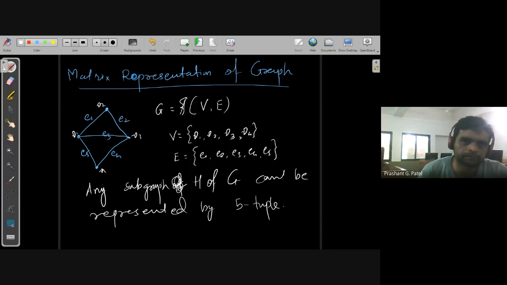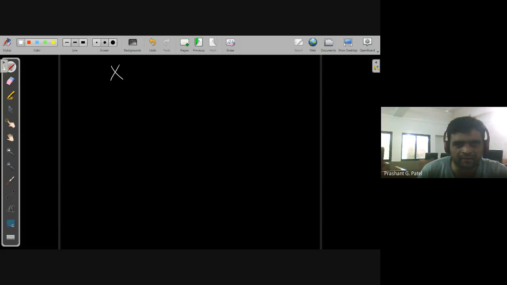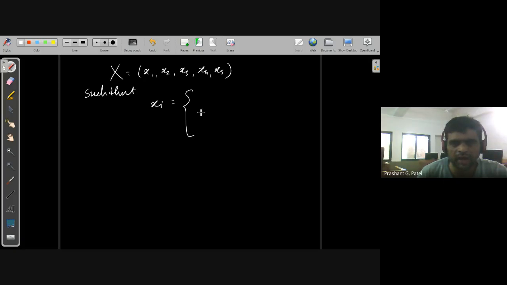So in that, the first one is X1, X2, X3, X4 and X5, such that this Xi value is either 0 or 1. It is 1 if Ei is in H, and it is 0 if Ei is not in H.